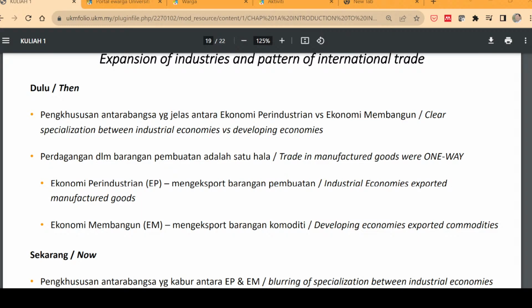Now they're using developed economies, emerging economies, and developing economies. Emerging are those performing well from developing economies. So these emerging economies in the past, another one.